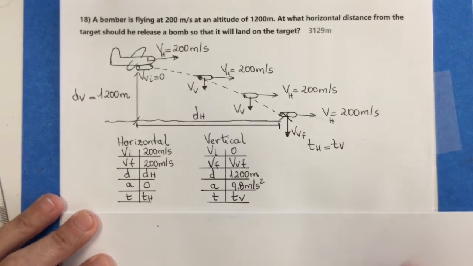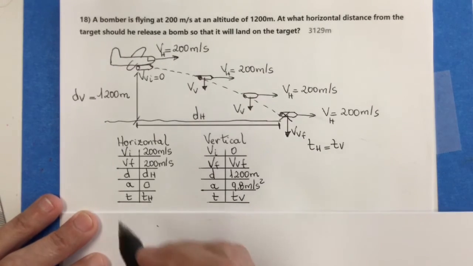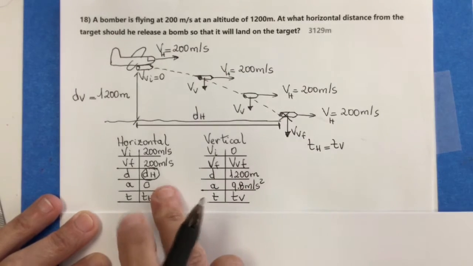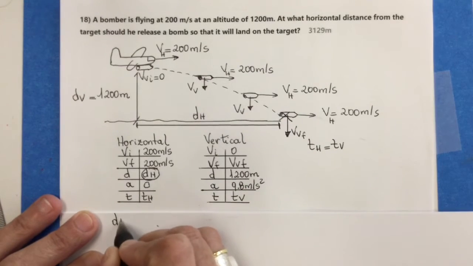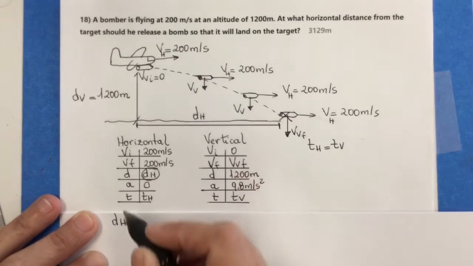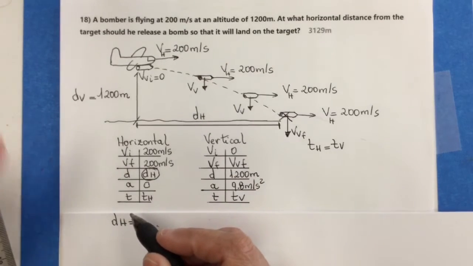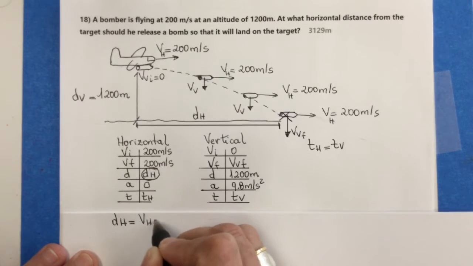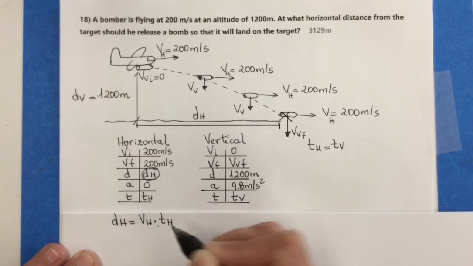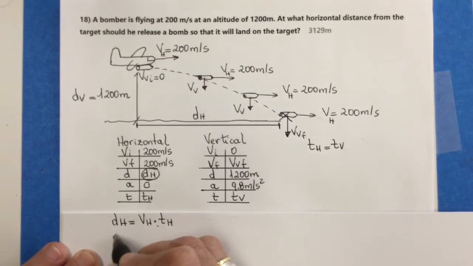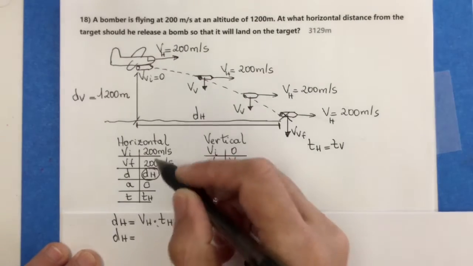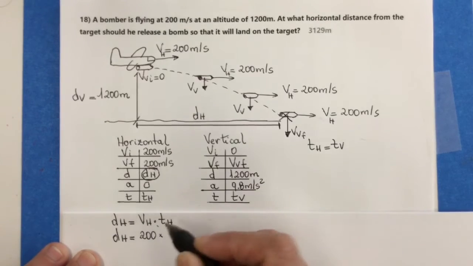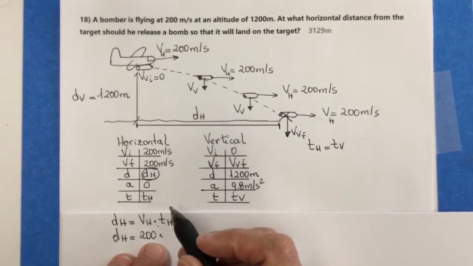What I'm looking for in this problem is our horizontal distance. So the formula for horizontal distance through this horizontal table, which is not accelerating, is VH times TH. We have VH, which is 200, and we don't have TH.